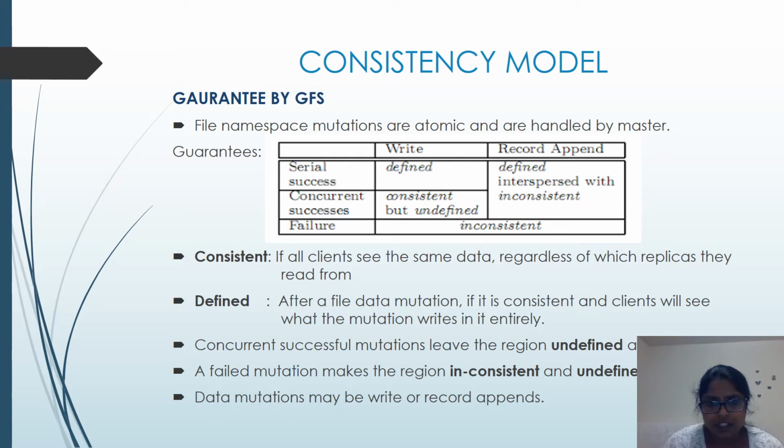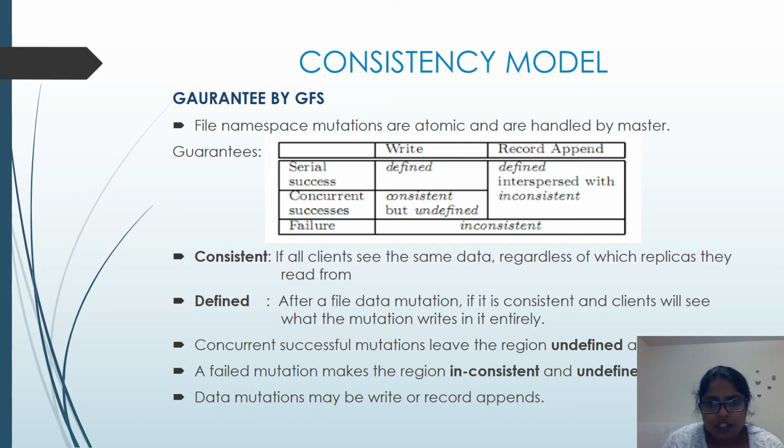A region is defined after a file mutation if it is consistent and clients will see what the mutation writes in its entirety. After a data mutation, if all the clients still see the same data regardless of which replica they are using, and they also see what the mutation writes in its entirety, then the region is defined.